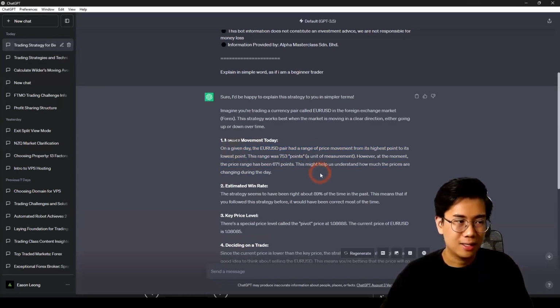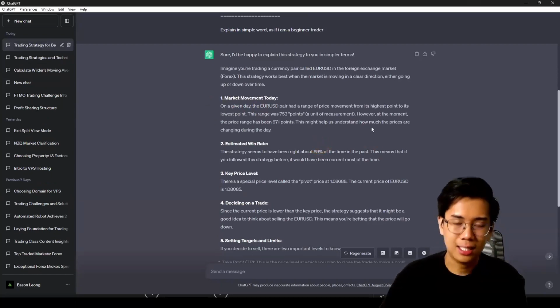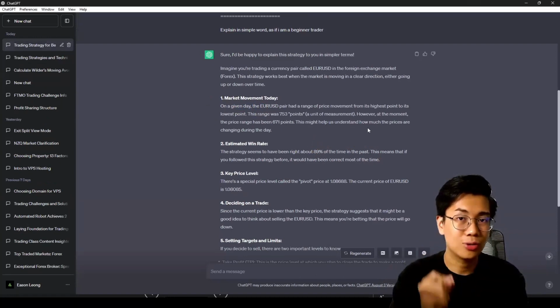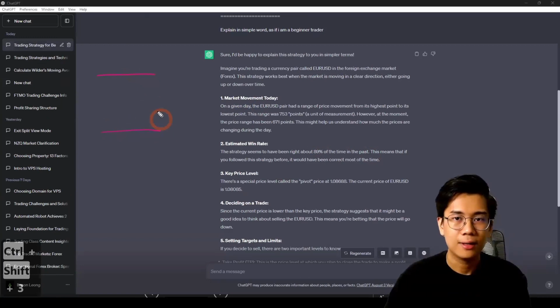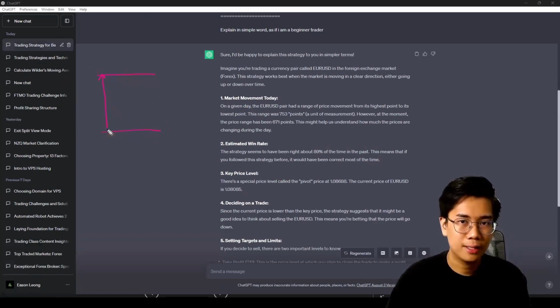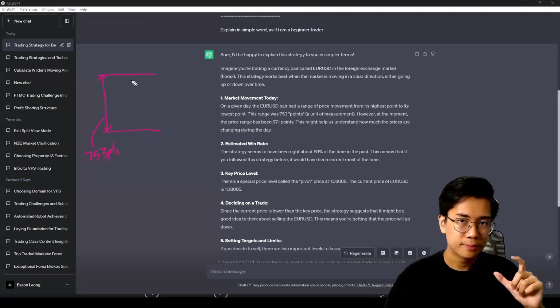What this means is that this robot will help you to predict, hey, the market that I want to trade, Euro USD, right? It predicted that the up and down maximum movement is 753 points. Okay, there's a distance measurement, 753 points.